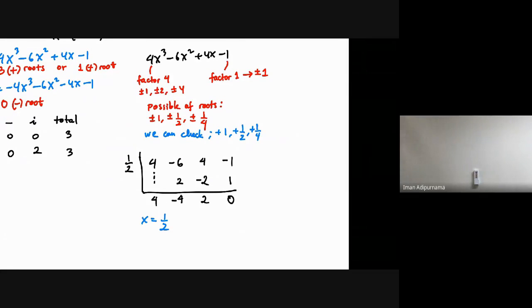And you can check the other 1 and 1 over 4, it will not be 0. So we only have one positive 0. The other two roots will be imaginary, and we don't really care about imaginary. We only care about the real solution. So x equals half is our root, meaning x equals half is our inflection point.